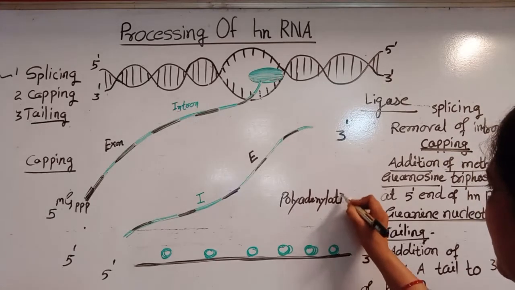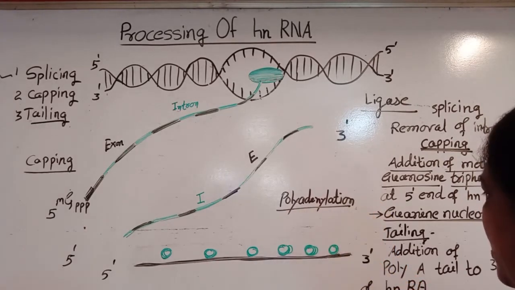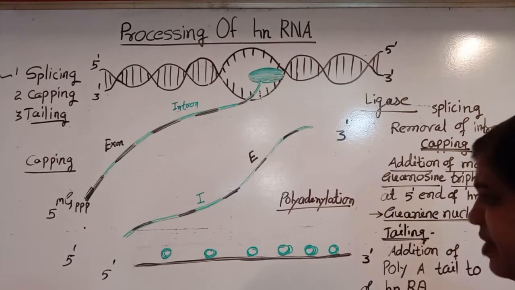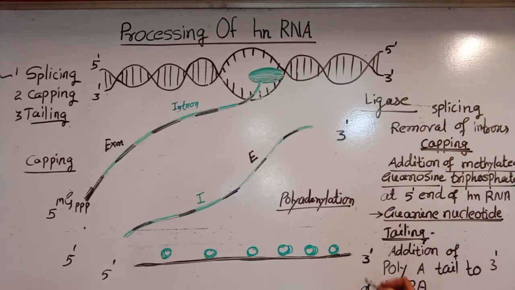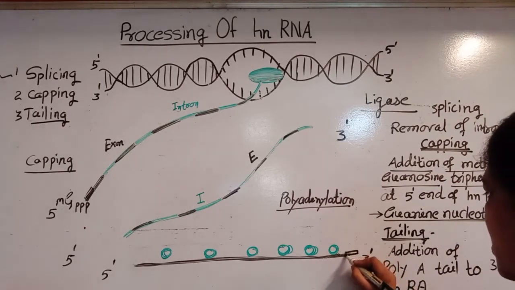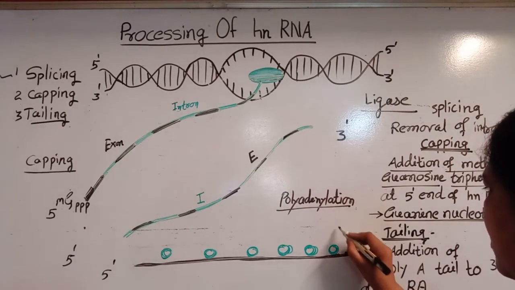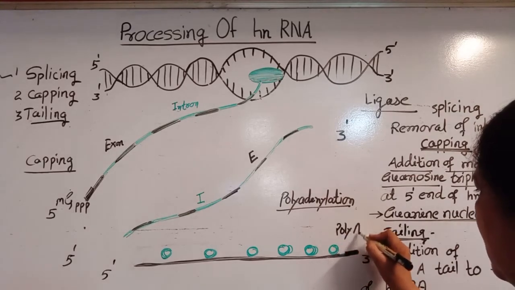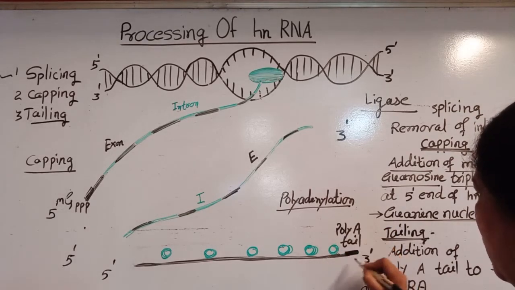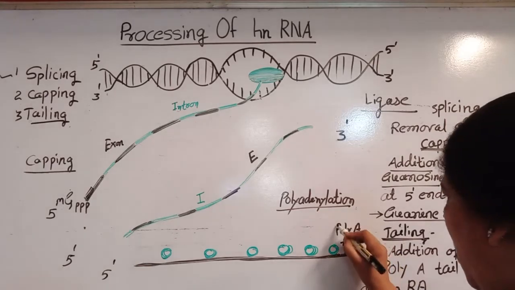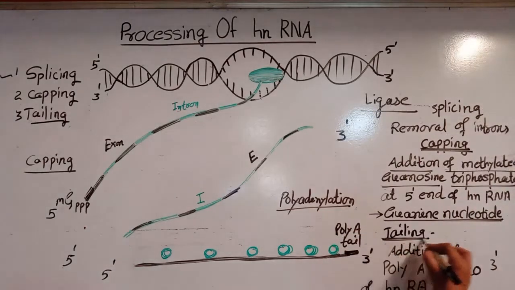Last step is polyadenylation, that is tailing. Tailing means addition of poly A tail to the 3' end of hnRNA, and this is called tailing.